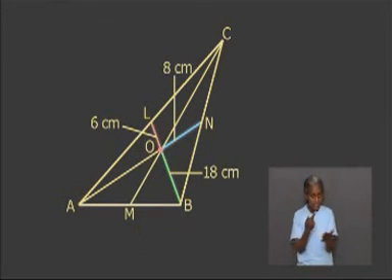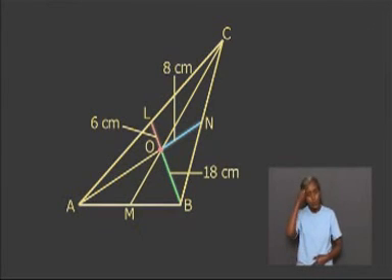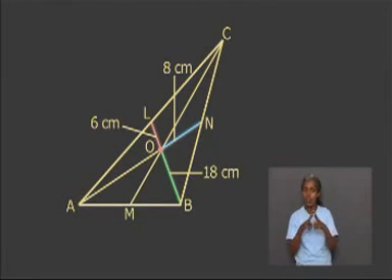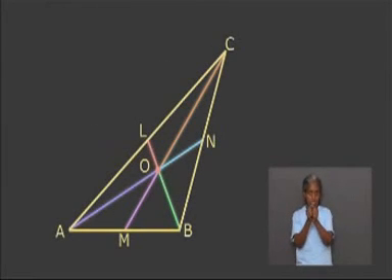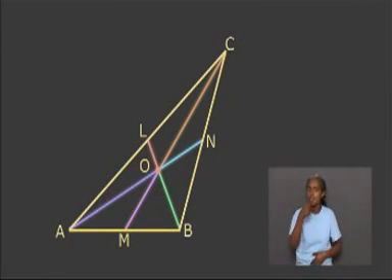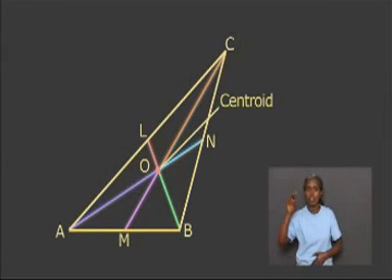If you did this, you have used the theorem properly to produce these answers. Very good. The point of intersection of the medians of a triangle is called the centroid of a triangle.